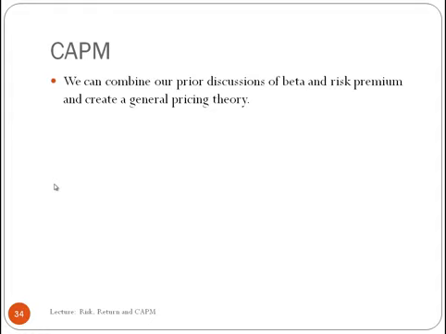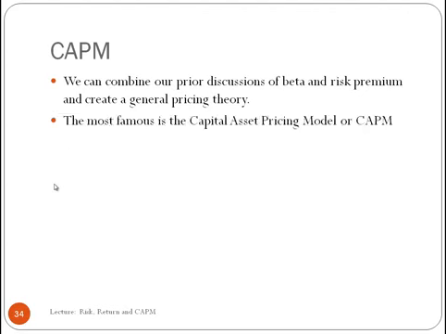All right, now we can move to a general model that helps us determine what we need to be compensated for taking on risk. We can combine all of our prior discussions of beta and risk premium and create a general pricing theory. The most famous of these is the capital asset pricing model, or simply the CAPM.